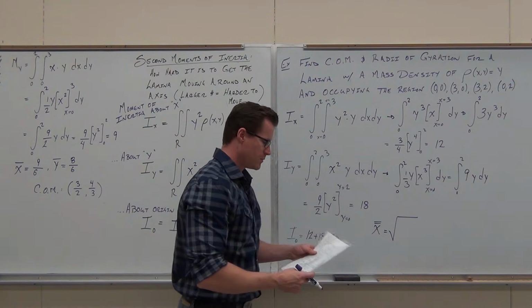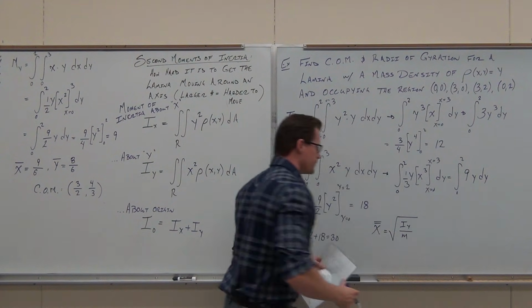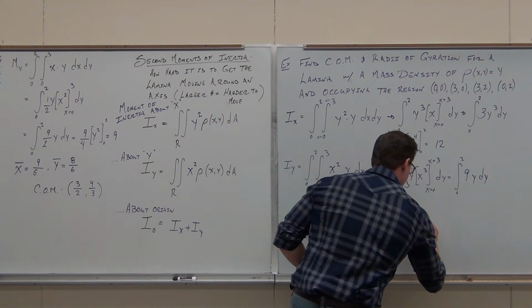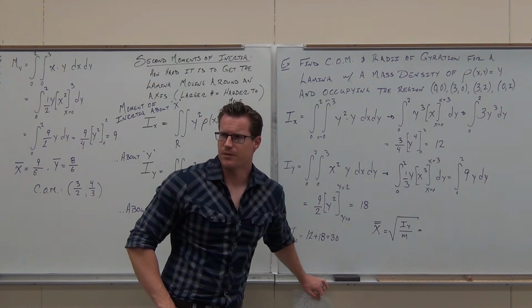We take the second moment of inertia divided by mass. Second moment of inertia about the y, that's the x measurement. I believe that formula I gave to you earlier, yeah?